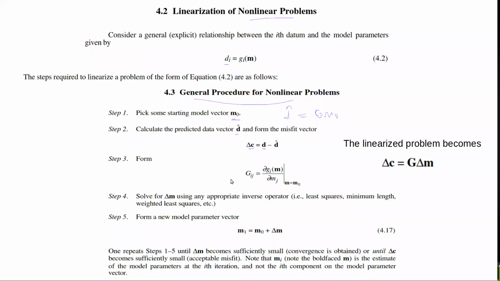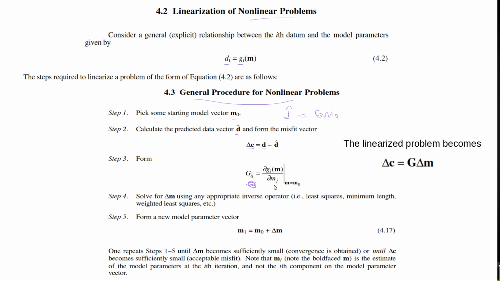Then we form our G matrix. We form our G matrix by taking the partial derivative of this function g_i with respect to all the model parameters. If you go through the analysis of deriving the least squares problems, I think we'll look at this maybe tomorrow or in the afternoon lecture. You find the partial derivative with each.